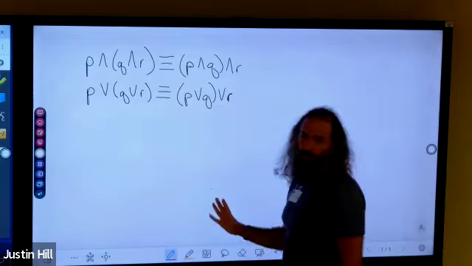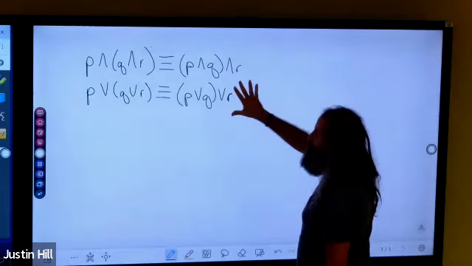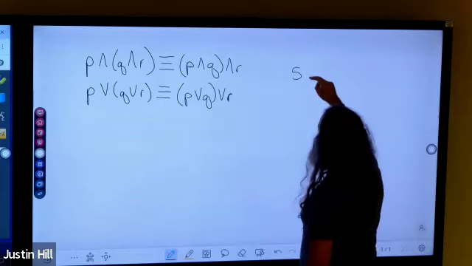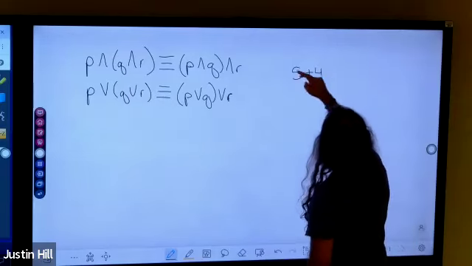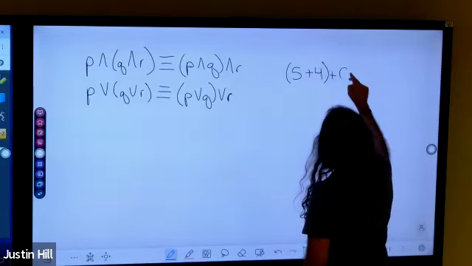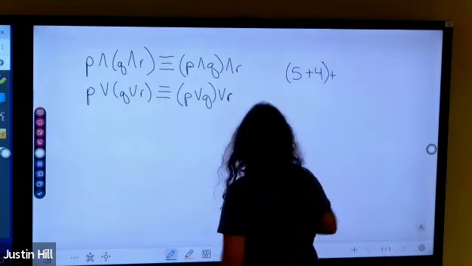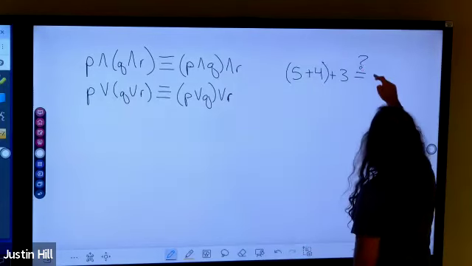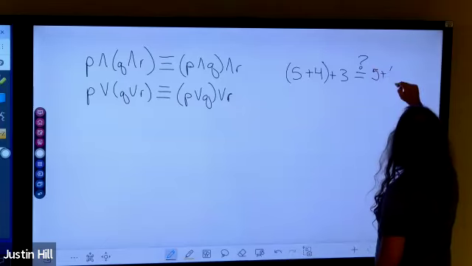And I want you to notice something about these patterns. I want you to notice that these patterns are actually the same idea that we have from just arithmetic. So for instance, if I have 5 plus 4 plus 3, so if I do 5 plus 4 and then add 3 to it, is that the same? Do I get the same result if I do 5 plus 4 plus 3?